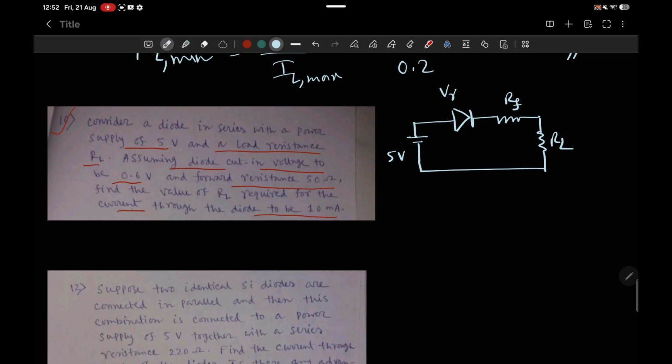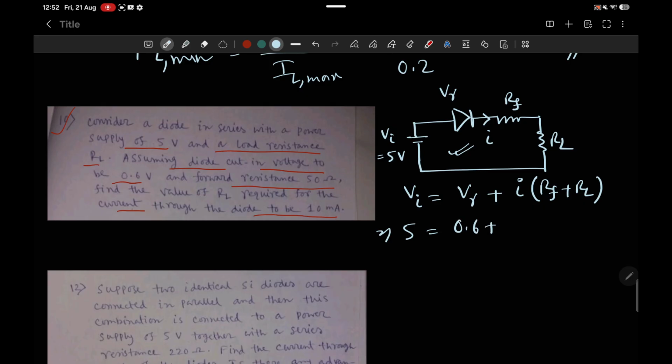It is V gamma, the cut-in, and the current is I. So clearly this is VI, the input voltage. So clearly here VI equals V gamma plus I times RF plus RL for this loop. So VI is 5 equals V gamma is 0.6, I is 10 milliampere, that is 0.01 ampere, RF is forward resistance 50.